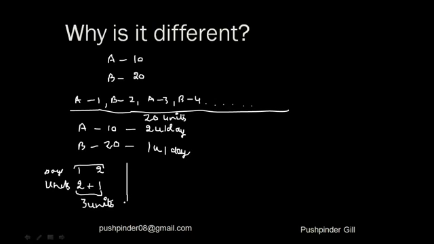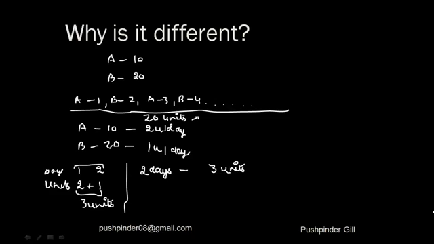If I apply the unitary method, it takes them 2 days to finish 3 units. Now, how many units do I have to finish? I have to finish 20 units. Now guys, the unitary method will not help you out here.